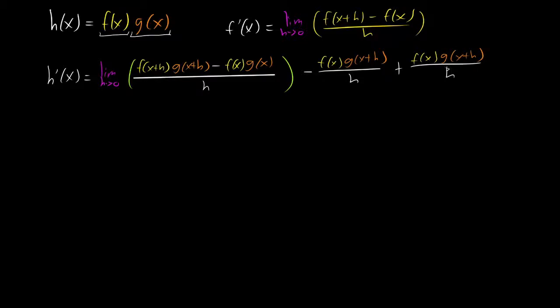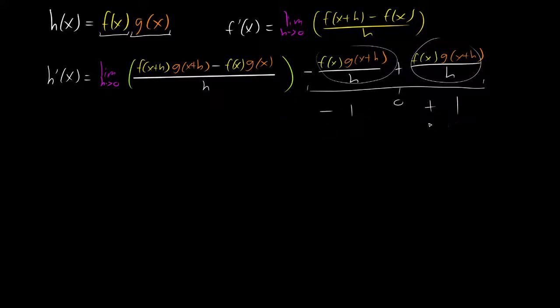Okay, so why are we allowed to do this? Well, the reason is that all of this is equal to 0. We're subtracting it and then adding it, so it's very similar to doing minus 1 plus 1, which just equals 0.